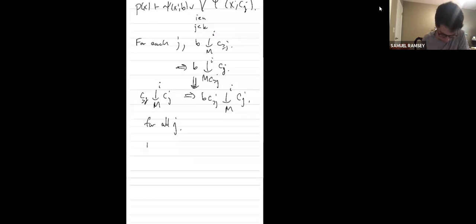So it follows by the inductive hypothesis that, since P of x implies, I'm going to write it in a suggestive way, C x b, or the disjunction over 1 less than or equal to j less than k, the disjunction of i less than n, phi i x c j, or, okay, I'm really sorry about this.